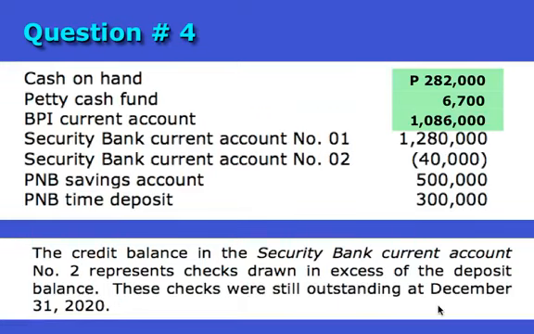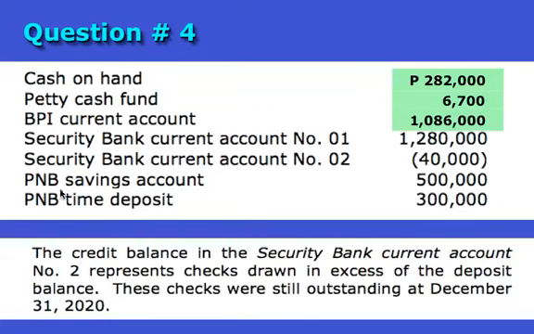These checks were still outstanding at December 31, 2020. So this is only to emphasize that account number 2 is already overdrawn. At dahil same bank yan, that can be offset. So include 1280 minus 40, net of the bank overdraft. So include.